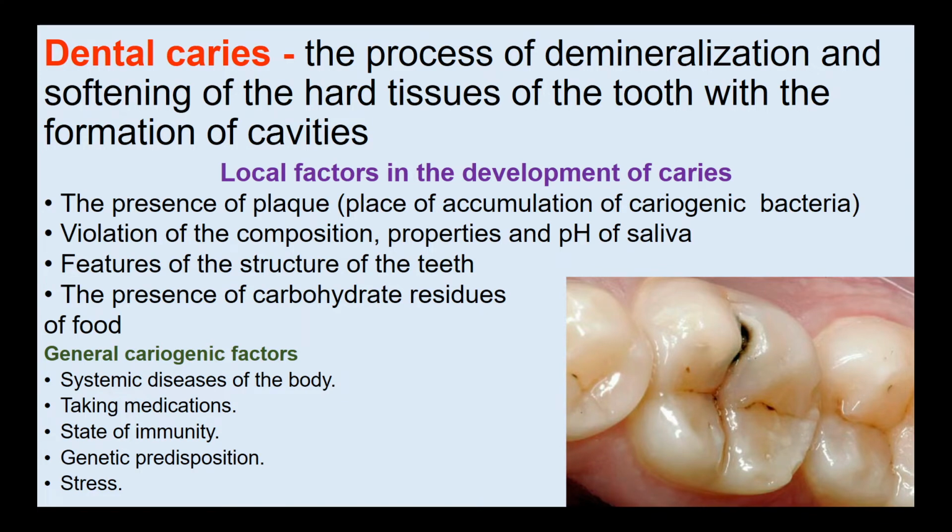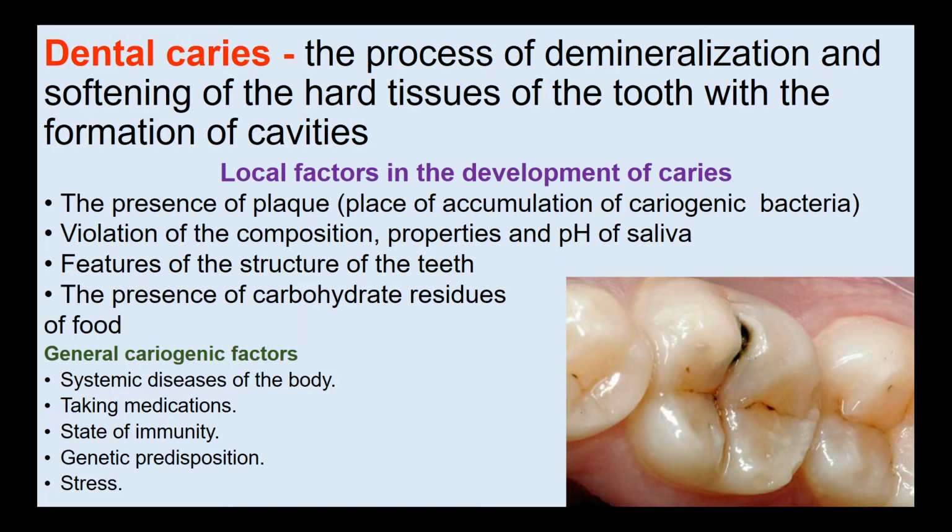Dental caries is a process of demineralization and softening of the hard tissues of the tooth with the formation of cavities. What factors enhance the development of caries? Start with the local factors.